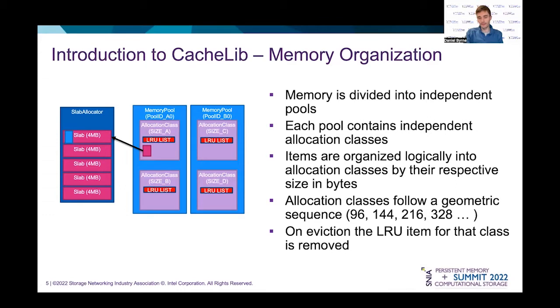For example, the default in CacheLib is that class 1 gets size 96 bytes, class 2 gets 144 bytes, and objects sized between 96 and 144 go in between. This is configurable and tunable to your application. If you're using larger objects or smaller objects, you can figure out what class size works best for your application.